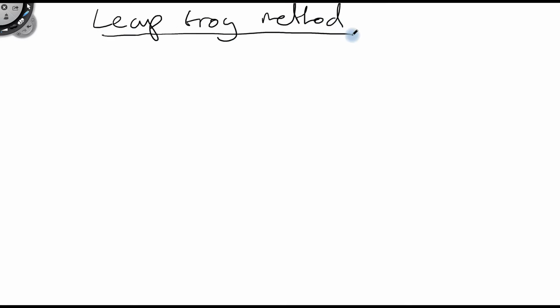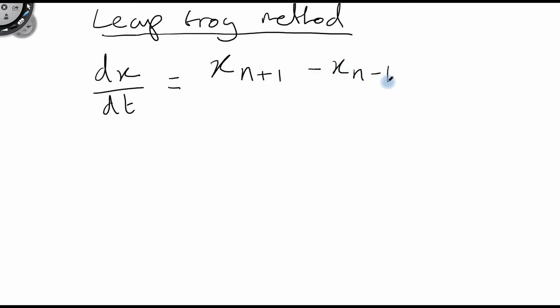So with the leapfrog method, we start off by approximating our dx by dt in our ordinary differential equation. But this time we use two different time steps. We use x_{n+1} and x_{n-1}. So it's a centered difference formula divided by 2 delta t.